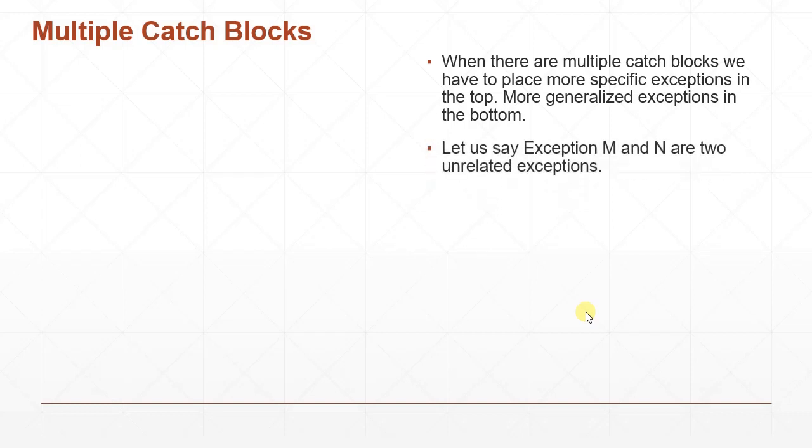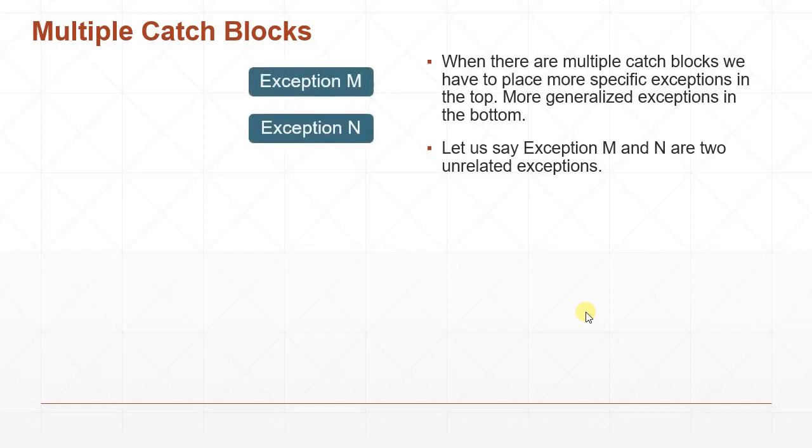Let us say exception M and N are two unrelated exceptions. This means they don't fall under any inheritance relation, or simply, M and N are not in an inheritance relation. But we know that all the exception classes are derived from the base Exception.